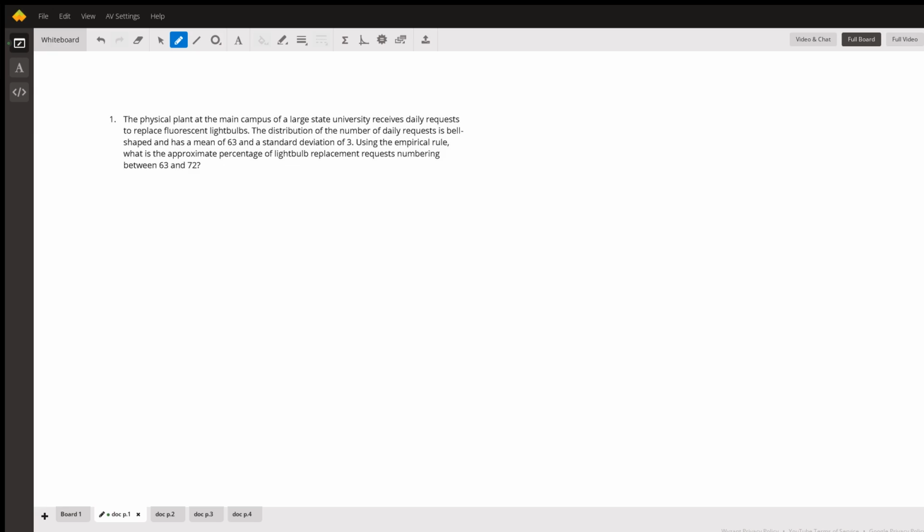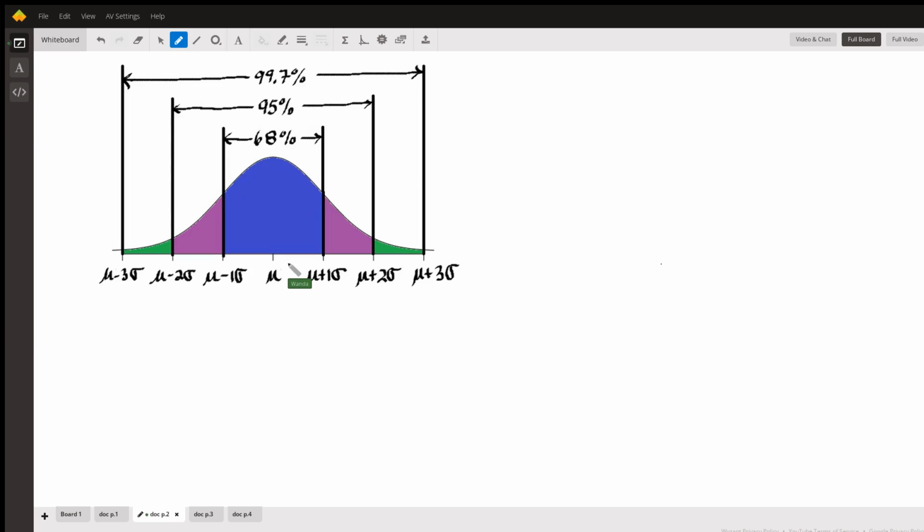That question would have been better asked as: what is the approximate percentage of the days where the light bulb replacement requests number between 63 and 72? Because it is the daily requests. And keep in mind, this empirical rule gives approximations. It's not exactly 95%, but it's close.